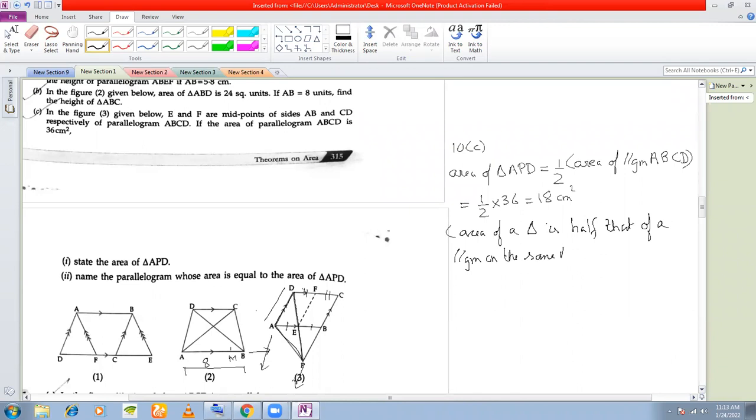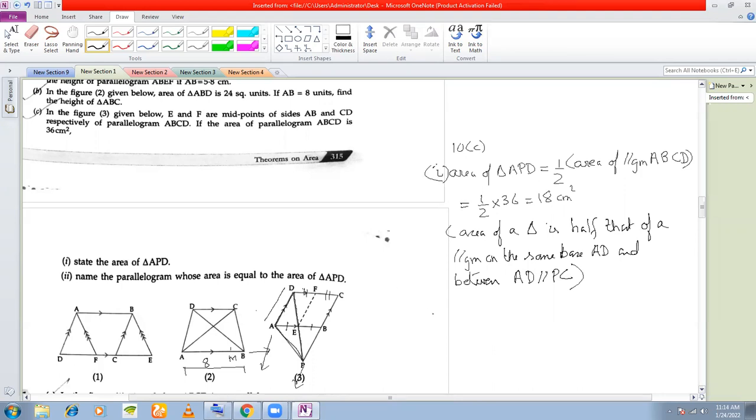AD. And between what parallel lines? Between AD and BC. AD parallel to PC or BC also you can say. Okay. So we have found out the area. This answers the first part of your question.